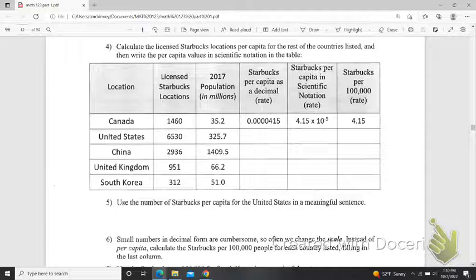And if you'd like, you could do 1,460 divided by 352 and then 5 zeros after that, for 35,200,000. You would get that decimal rate, and then scientific notation, which we could use first, and then write it as the decimal. But we are going to fill this in both ways, so whichever way you want to approach that. We've just talked about scientific notation, so we do know how to use that.